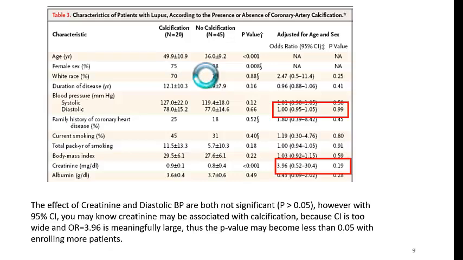And so look at Table 3. In Table 3, we were interested in looking at what factors are associated with calcification within patients with SLE. And so I picked two independent variables. Look at diastolic blood pressure.